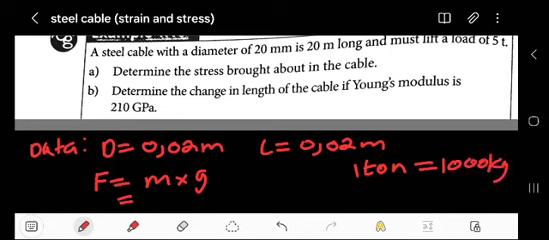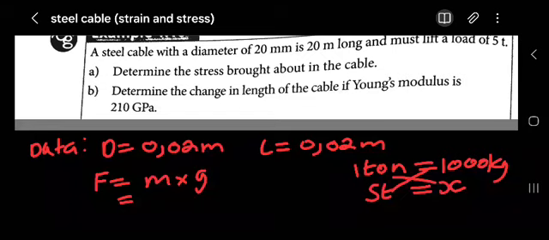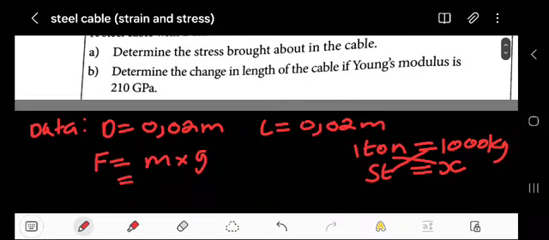But then we know that 1 ton is equal to 1000 kgs. Now if you have 5 tons, what about the kgs? Cross multiply, know your maths. As you cross multiply, you have x, because it's 1, then that side you'll multiply 5 by 1000.